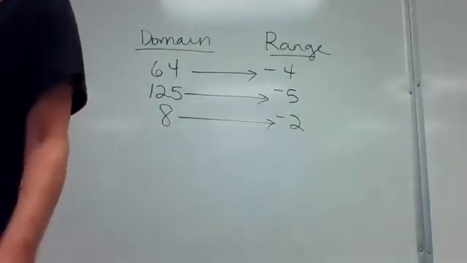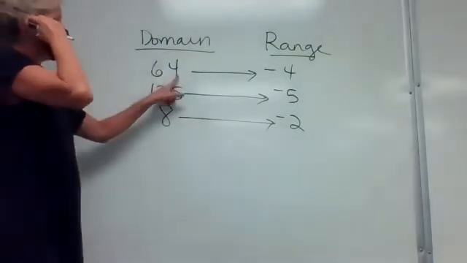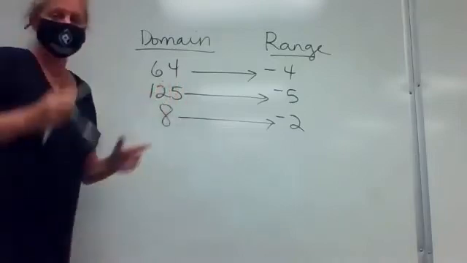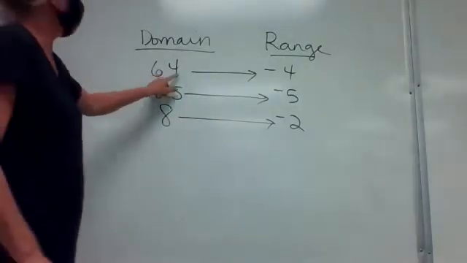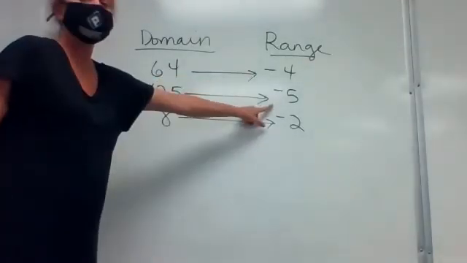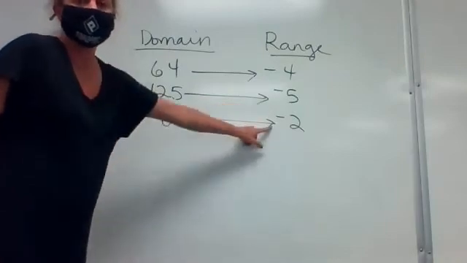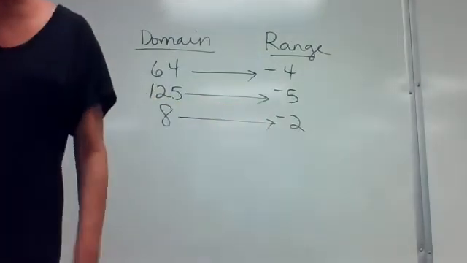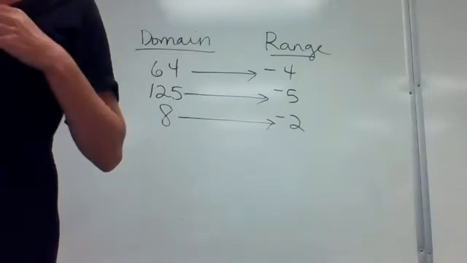Okay, I kind of feel like a broken record here because 64 only got 1 arrow. 125, only 1 arrow. 8, only 1 arrow. So yes, that one is a function also.